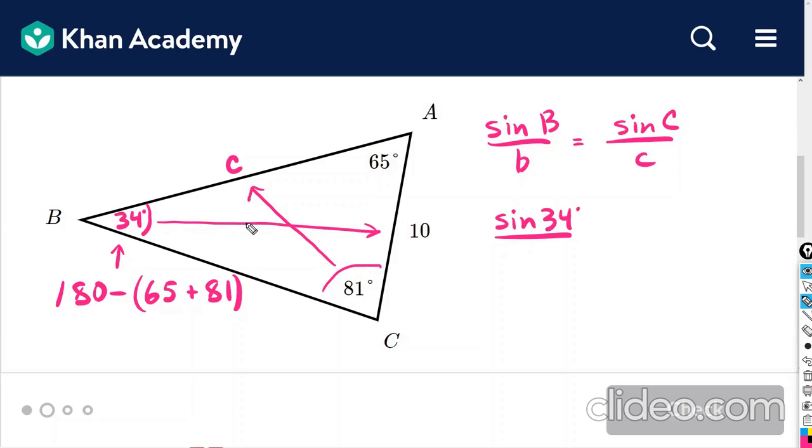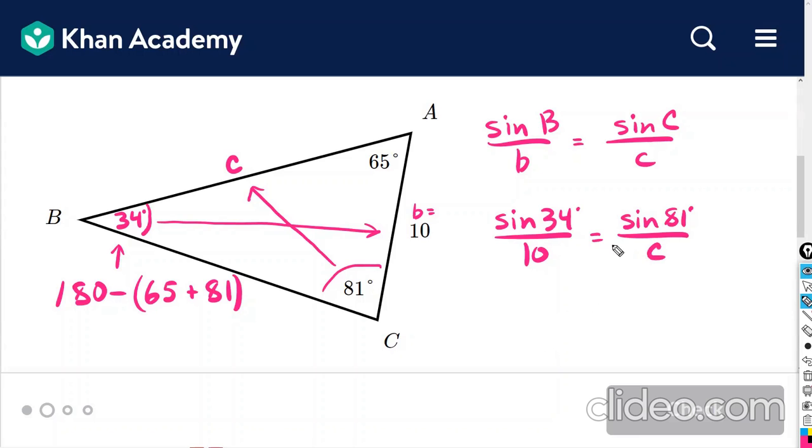And across from angle B, that is lowercase b, the side length. And then we have the sine of C. Here's angle C right here. So that's going to be the sine of 81. And across from that, 81 is the side length, lowercase c. Okay, that's what we're looking for.